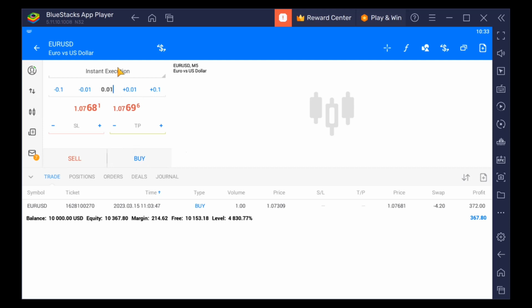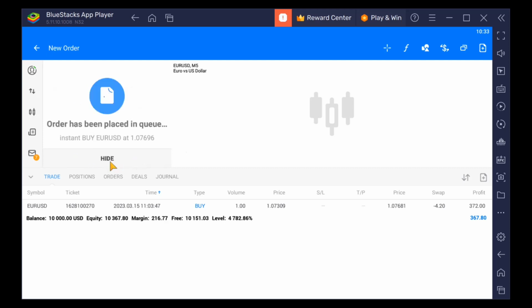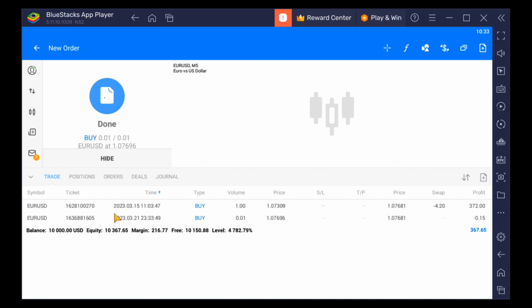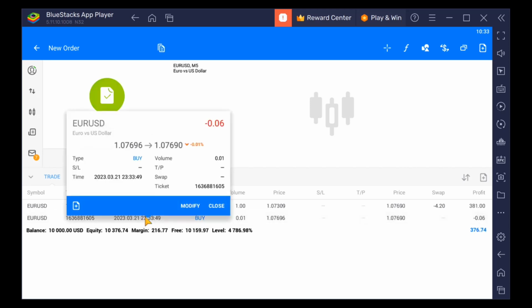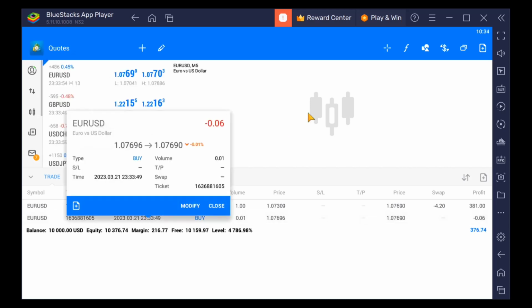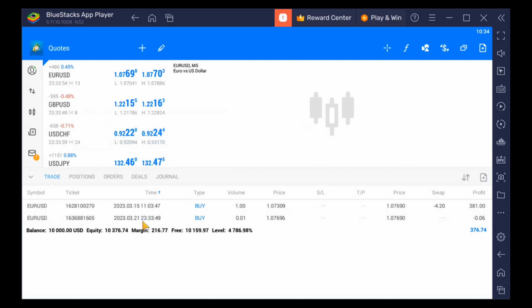So if I type 0.1 and click on it, it's going to place the trade for me. And you see that is the trade here. This is the trade. You see it, 0.06 loss.